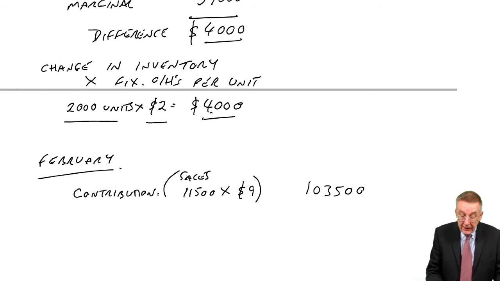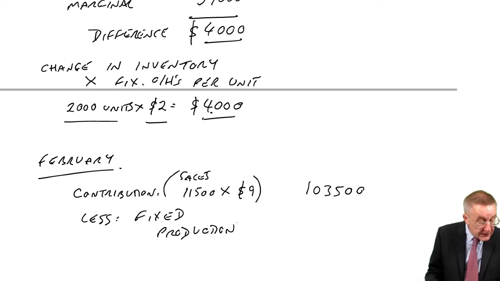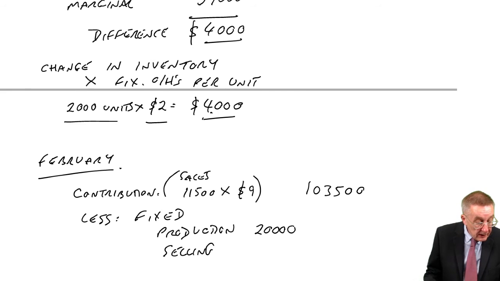To get the profit, subtract the fixed costs. And again, no messing around. The production fixed costs, I keep forgetting, 20,000. The selling fixed costs, 2,000.